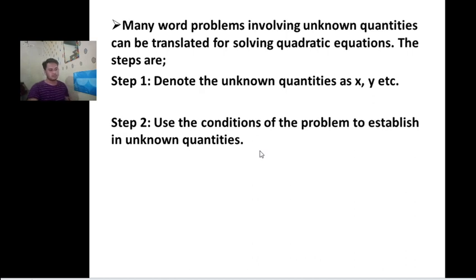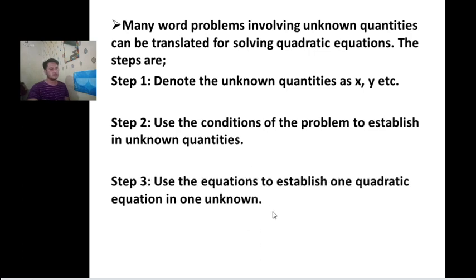In the problem, there are conditions. The conditions will guide us to denote our unknown quantities. Next, use the equations to establish one quadratic equation in one unknown.